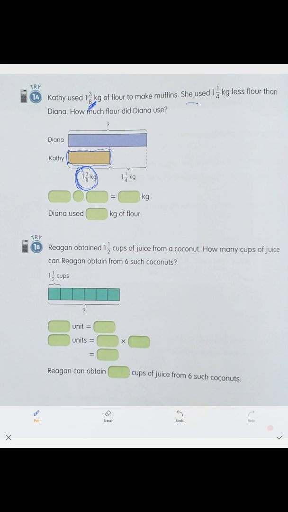And they tell you she used less than Diana. This is another girl. She's using more. How much more? This is how much more. 1 over 4 kilogram. So what do you need to do? Take a second and think about it. Yeah? What do you need to do? Very simple, right? You have this, you have this. How much is this?